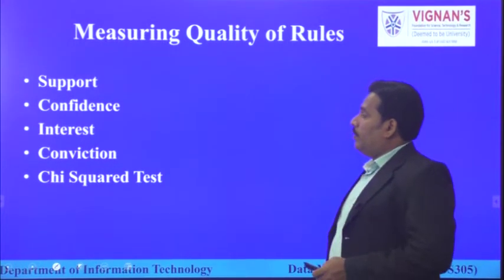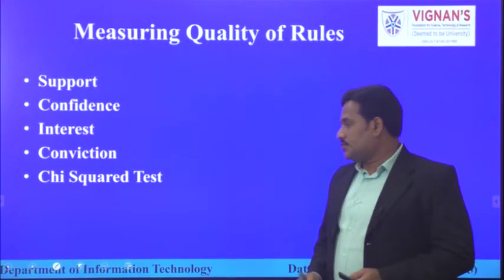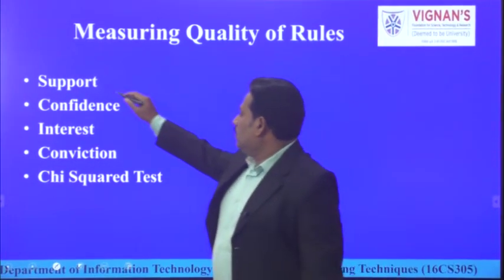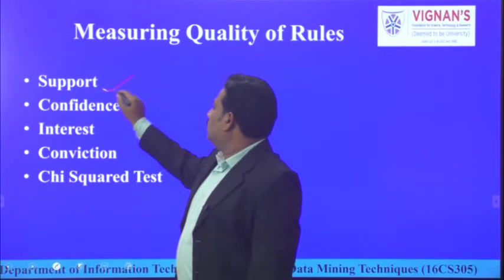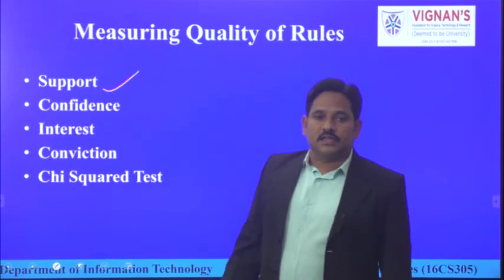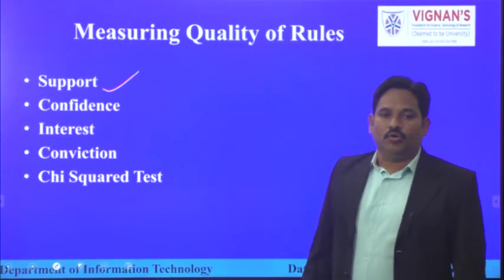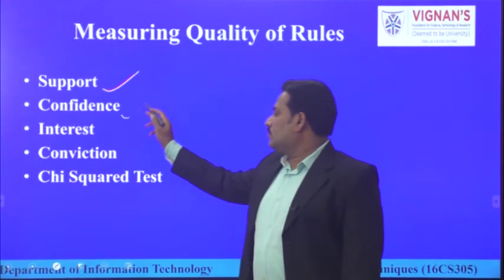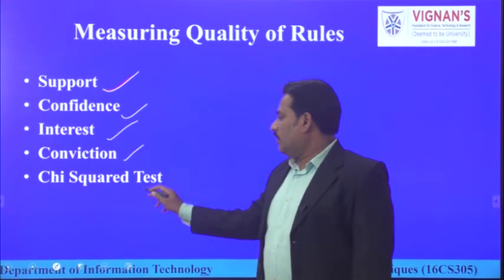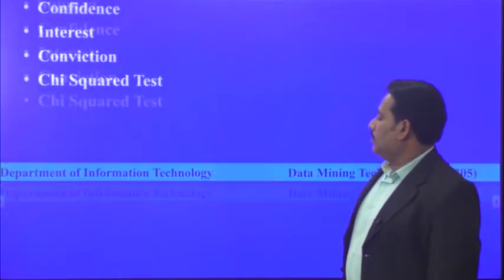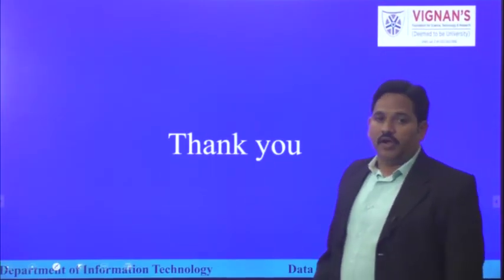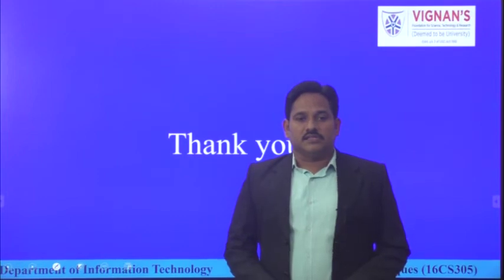In order to measure the quality of transactions, the metrics used are support, confidence, interest, conviction and the chi-square test. These are the quality measures applied in association analysis.